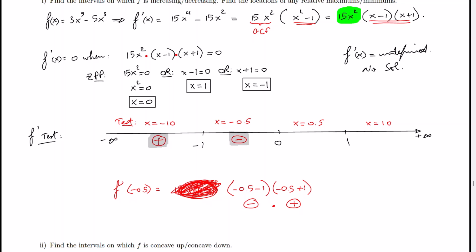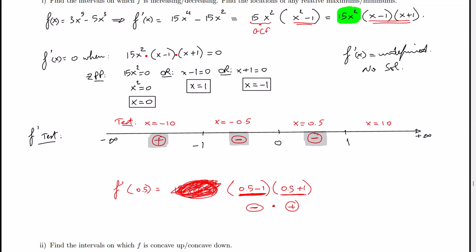For the third interval, plug in 0.5, and what happens is we'll see 0.5 minus 1, which is a negative amount, and 0.5 plus 1, which is a positive amount. So we are again getting a negative solution in that third interval. So I'm just going to record that.